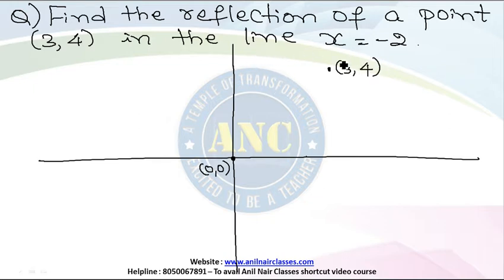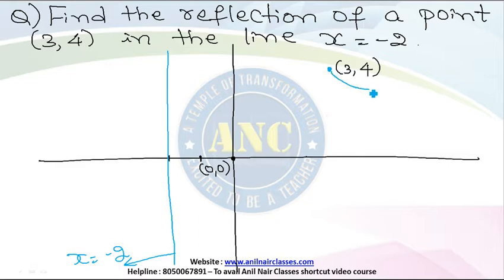Now the line x = -2, x = -1, x = -2. x = -2 is a straight line which is parallel to the y axis. Now this is a straight line which is nothing but x = -2. So this is the point. This is nothing but you in the real world, and this is your mirror.